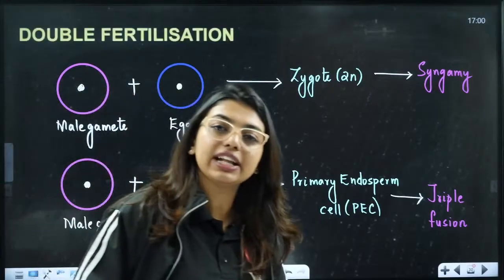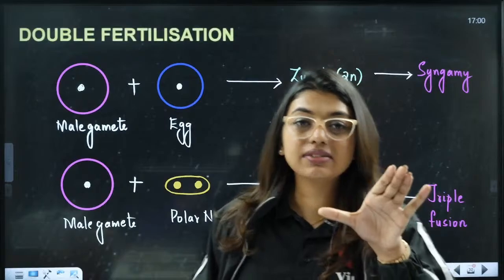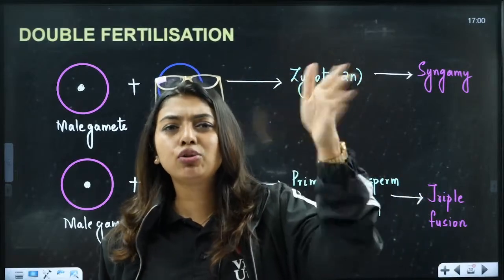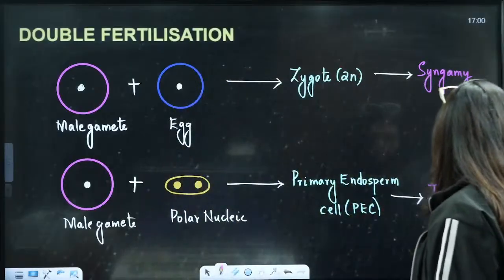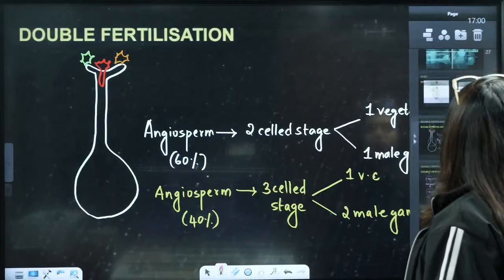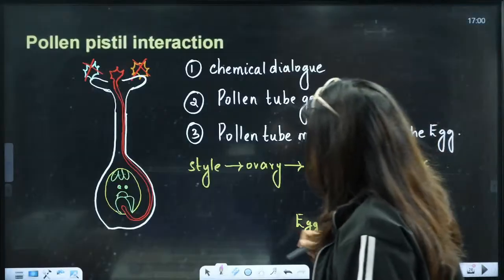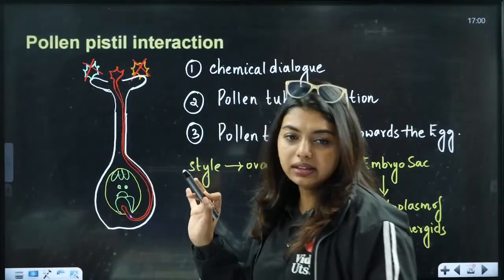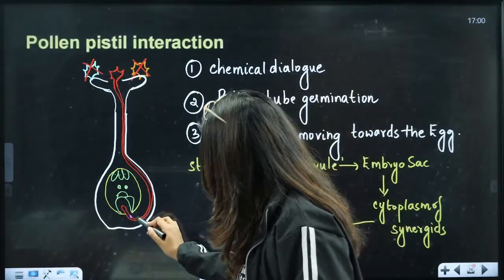First of all, why did the engineer come? Because the generative cell decided to do mitosis. The generative cell was like, wait, I want to do mitosis. So, friends, this process is happening here. In between here, remember one tube nucleus is there, which is going to lead the path, and with that, the one male gamete is going to be.